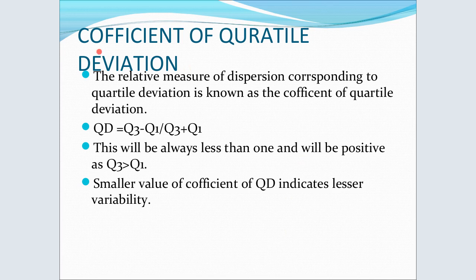So then we talk about the coefficient of quartile deviation. The coefficient is given as Q3 minus Q1 divided by Q3 plus Q1. What I had already given you. So this is the 75th percentile minus the 25th percentile divided by the 75th percentile plus the 25th percentile.